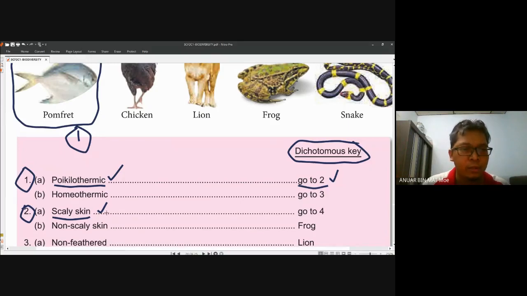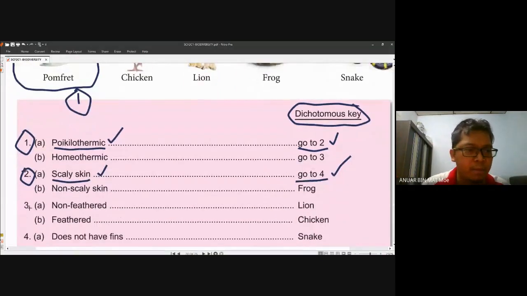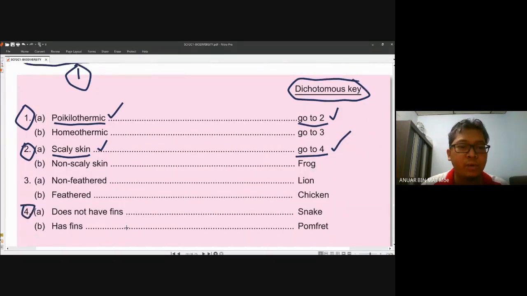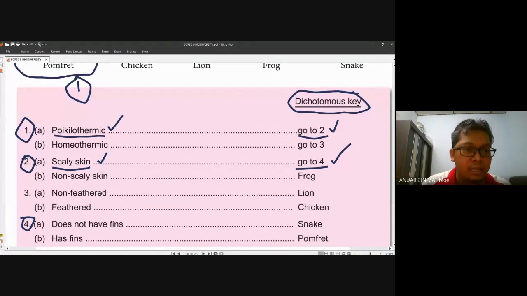So for scaly skin, you go to key number 4. Just skip number 3 and go to number 4. It will ask you again whether it has fin or does not have fin.